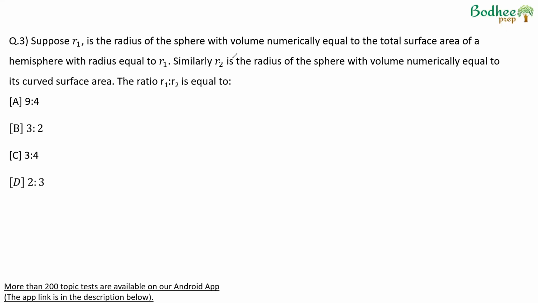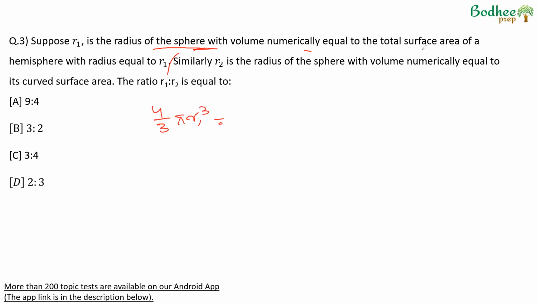Suppose R1 is the radius of the sphere with volume numerically equal to the total surface area of a hemisphere with radius equal to R1. Now, the volume of the sphere will be 4 by 3 pi R1 cube.